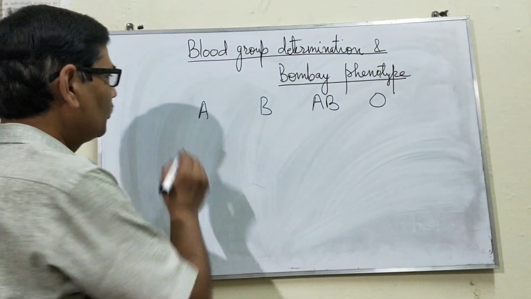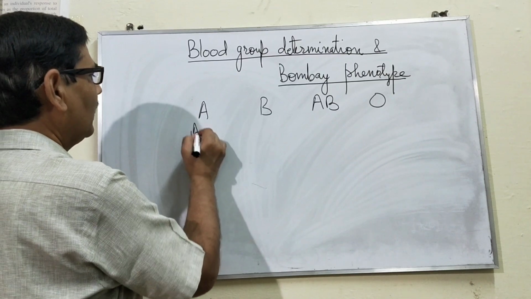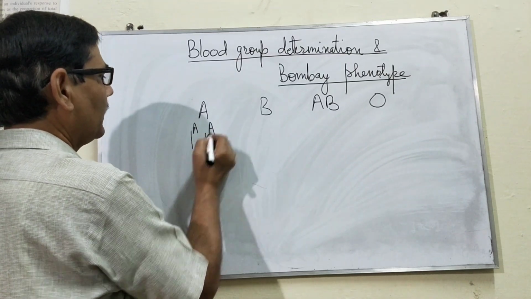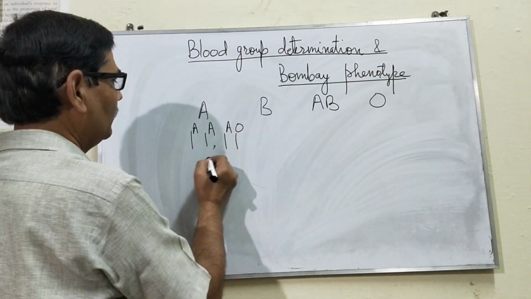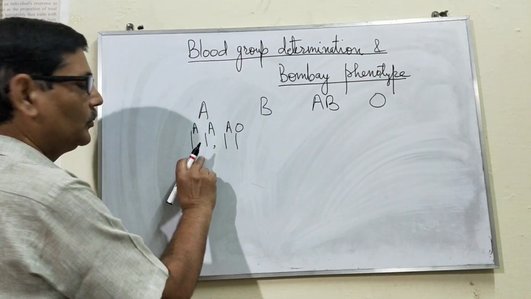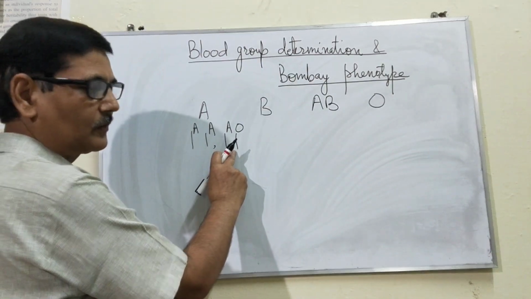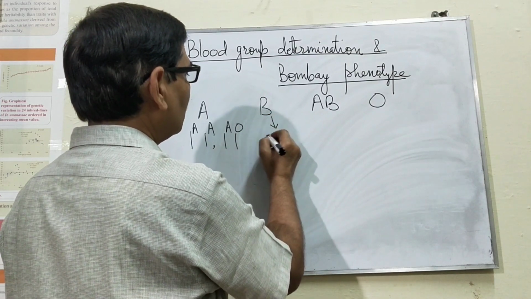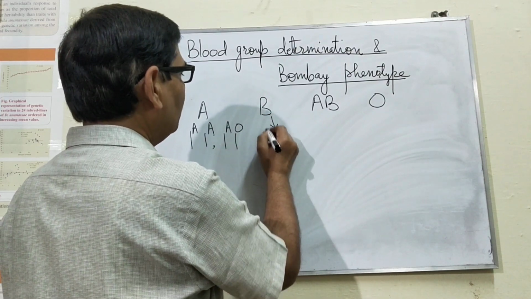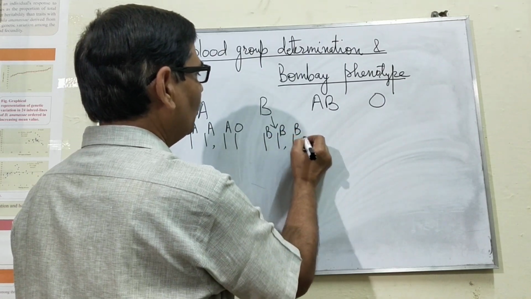Those individuals whose blood group is A, their genotype is actually IA IA, or they could be IA IO. Means such individuals could be homozygous for A allele or they could be heterozygous. Those whose blood group is B, their genotype will be IB IB or IB IO.